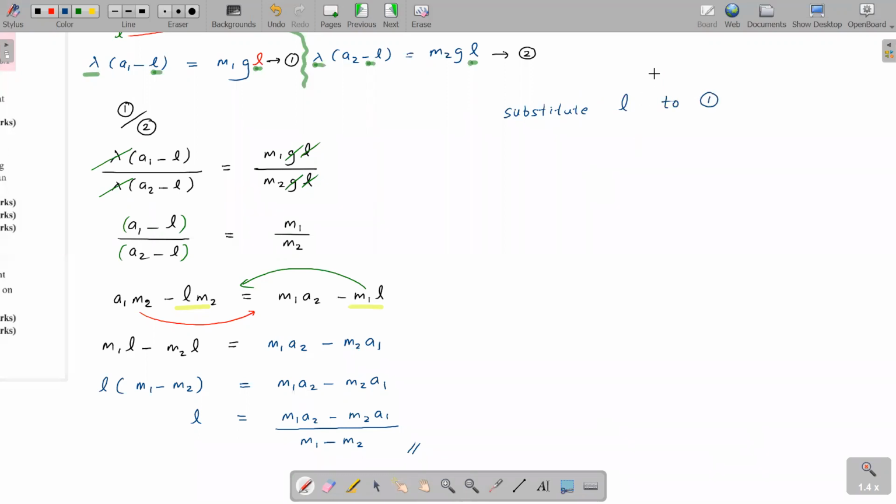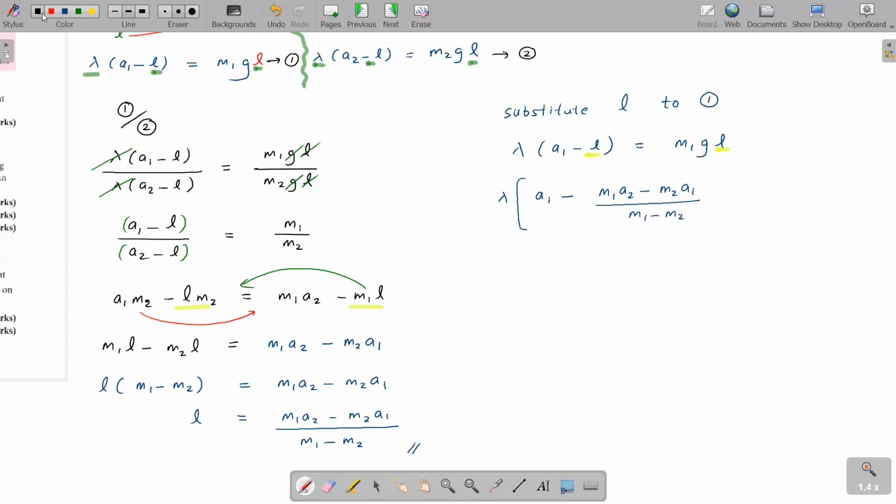Shall we put it to equation 1? So lambda into A1 minus L equals M1GL. There are two places to substitute L. Can you see? I have replaced L in two places. Let's do it. So lambda times A1 minus, L is going to be (M1A2 minus M2A1) over (M1 minus M2).